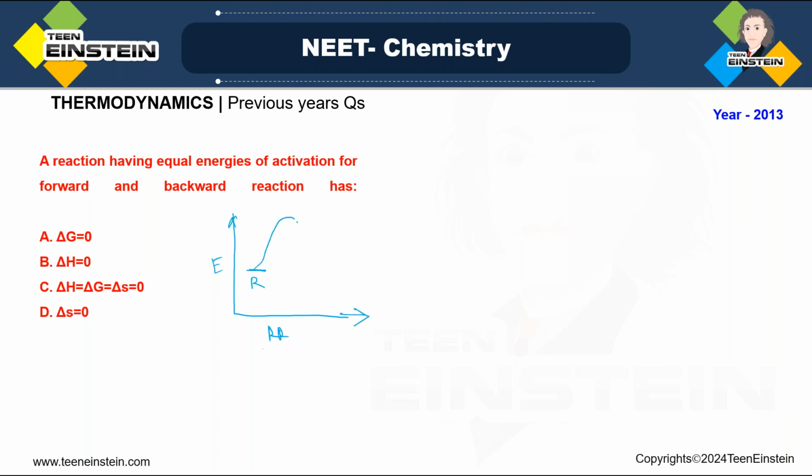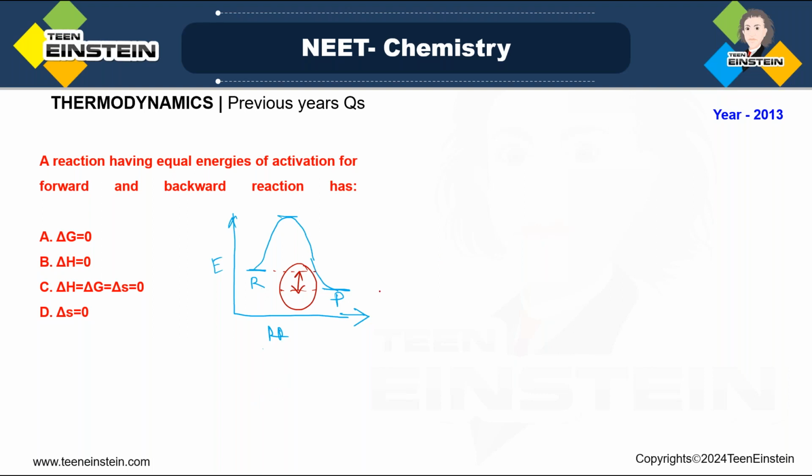So if it is reactant, this is the activation energy, this is the transition state, and suppose this is the position for P. Now here del H is basically this gap. So in this case, if you subtract the energy of R from the energy of P, it will be a positive quantity, and this will give you the del H.